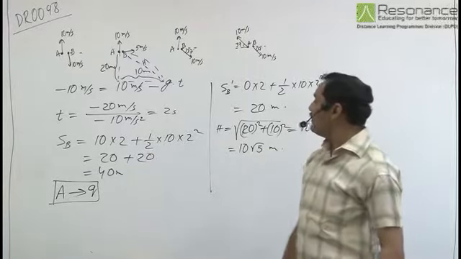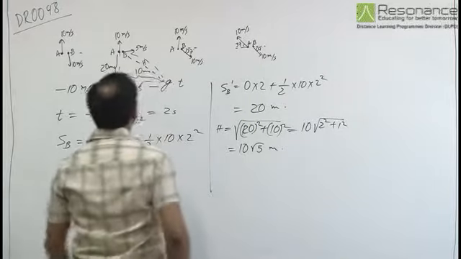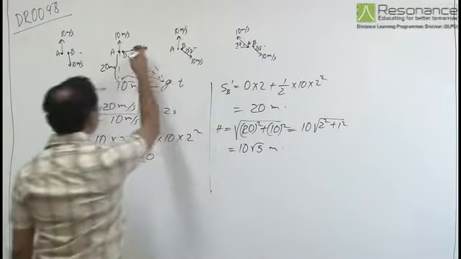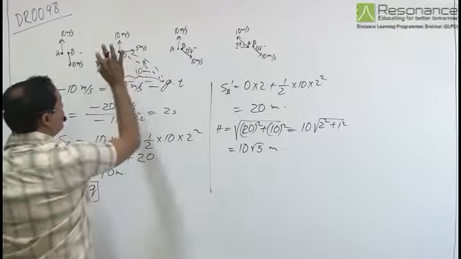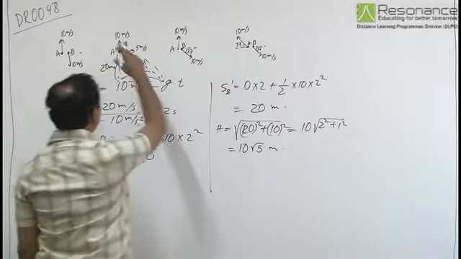And we also need to find the magnitude of relative velocity. Velocity of B and velocity of A after 2 seconds, as both are moving under gravity, their vertical component remains the same throughout the time.